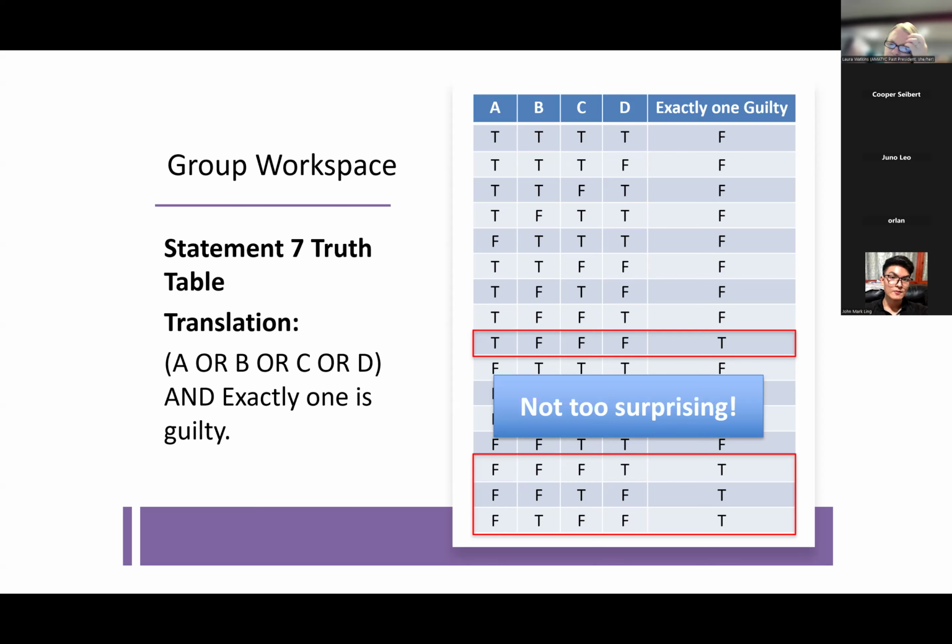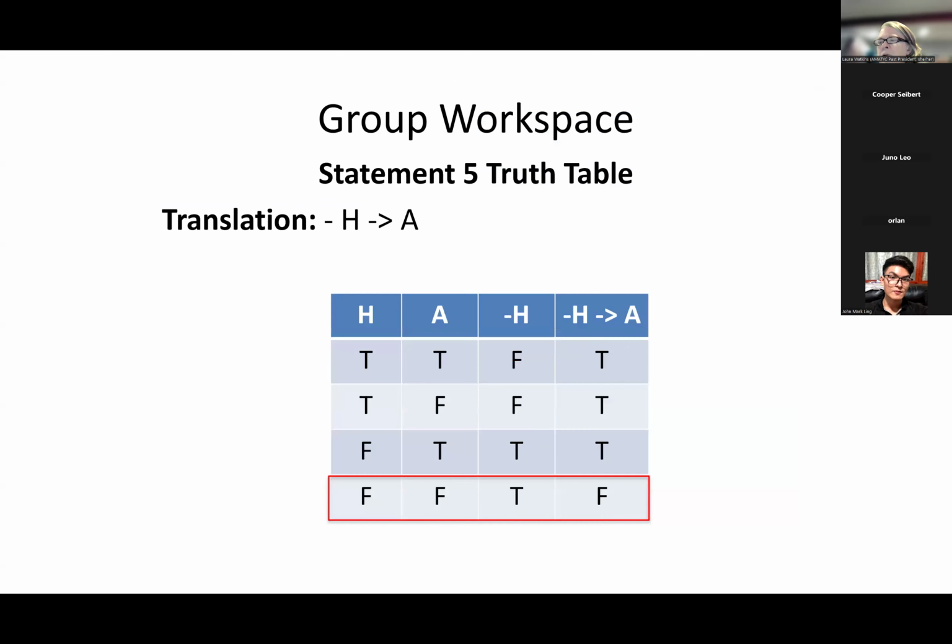That particular truth table, and not all the truth tables that you might do, are particularly insightful. But let's take a look at statement number 5. That one was, let's see, not with the hammer. If it wasn't the hammer, then April did it, I think?